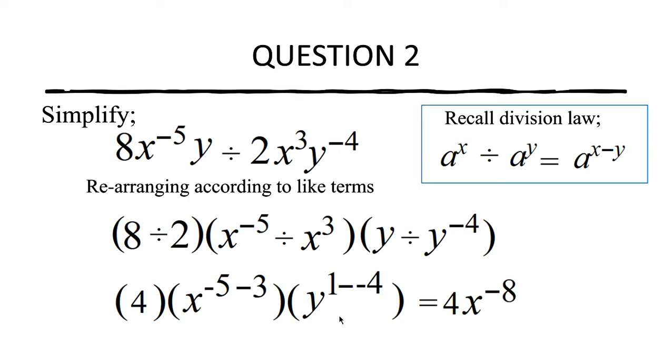All right. Next step is to bring out y. Now 1 minus 4: in math, minus minus gives us a plus. So 1 plus 4 is 5. This is how you solve such a question.